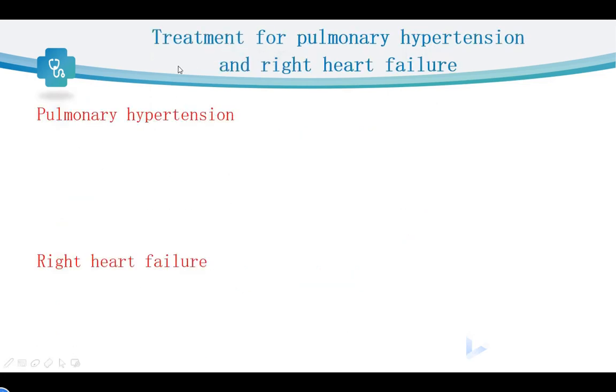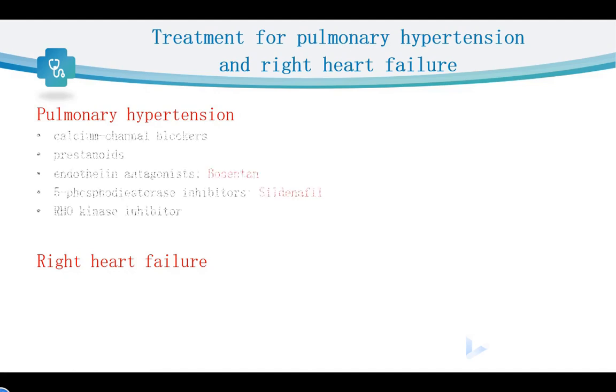Part 2, treatment for pulmonary hypertension and right heart failure. For pulmonary hypertension, there are several kinds of drugs for this patient to decrease the pressure of the pulmonary artery.